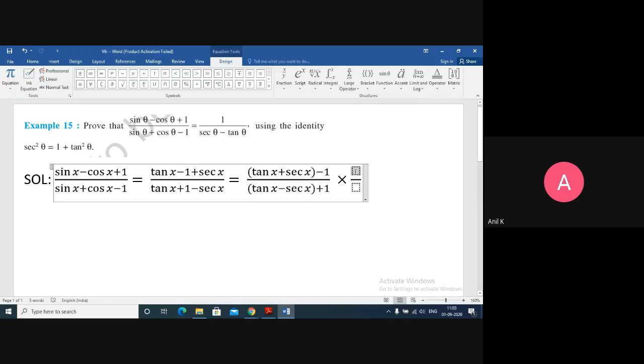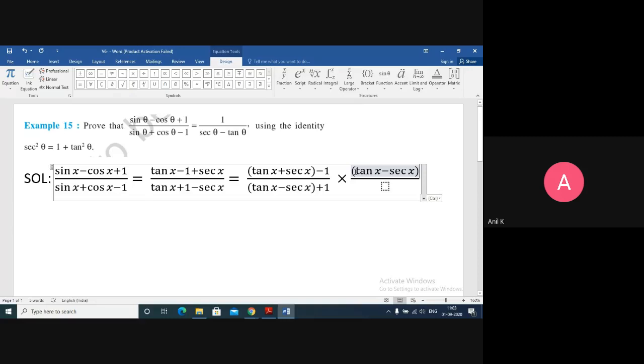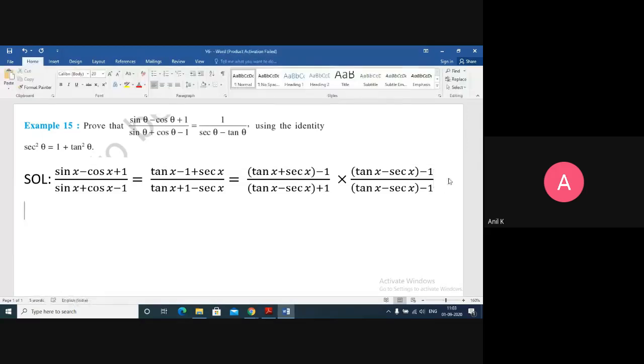What I get here is tan x minus sec x minus 1 upon tan x minus sec x minus 1. Here I have plus 1, so when I do rationalization, that plus 1 will become minus 1. Okay. So I'm using the class 9th topic to rationalize.